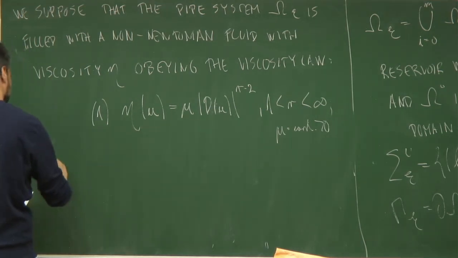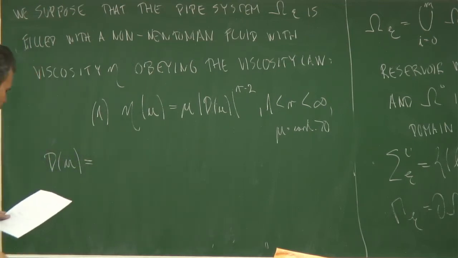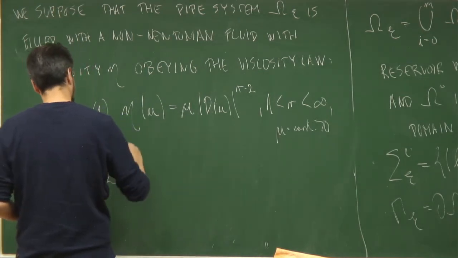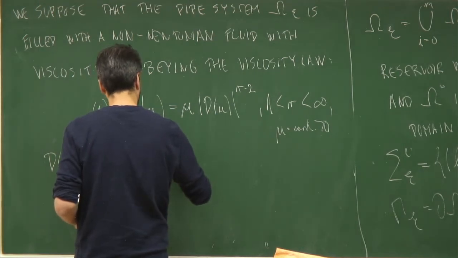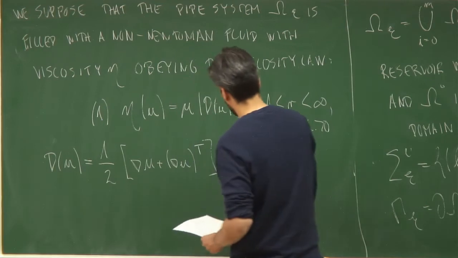So this Du, of course, as is usual in the notation, is the symmetrized gradient of the velocity: 1 over 2 times the gradient of u plus the gradient of u transposed.